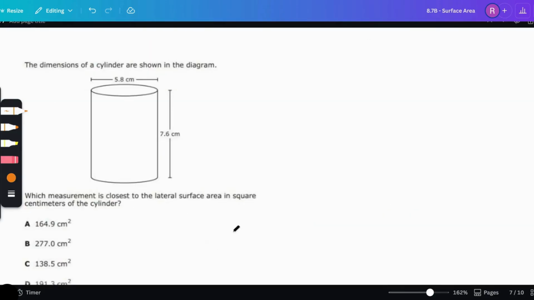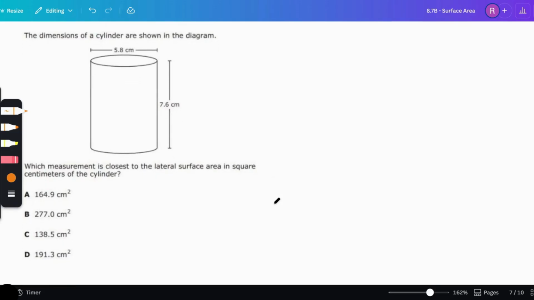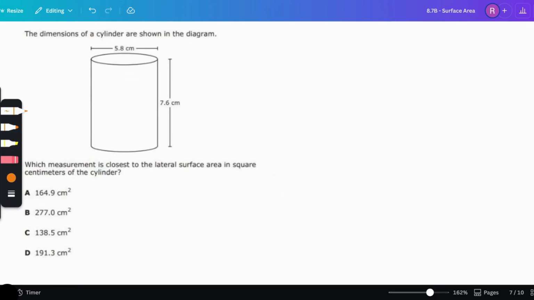Let's solve the next question. The dimensions of a cylinder are shown in the diagram. Which measurement is closest to the lateral surface area in square centimeters of the cylinder? So the first thing is to identify what the question is asking you to calculate. The lateral surface area is 2πrh, and we were given the diameter in the question.